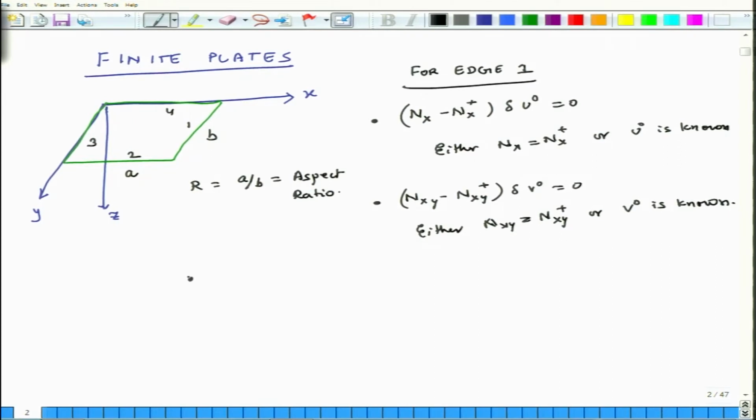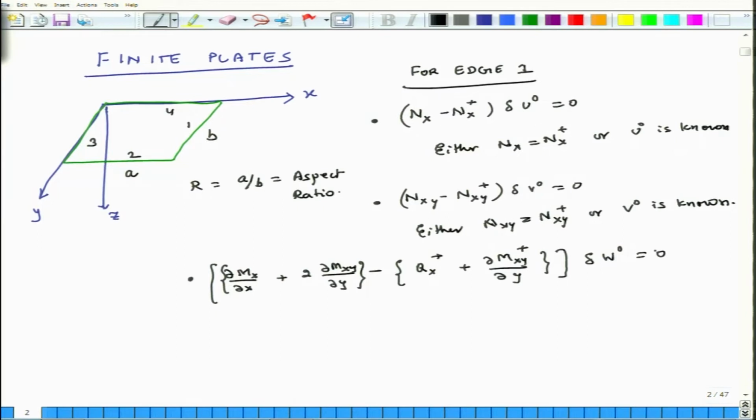The third boundary condition is del mx with respect to x plus twice of del mxy with respect to y, minus qx plus del mxy over del y, times del w equals 0.